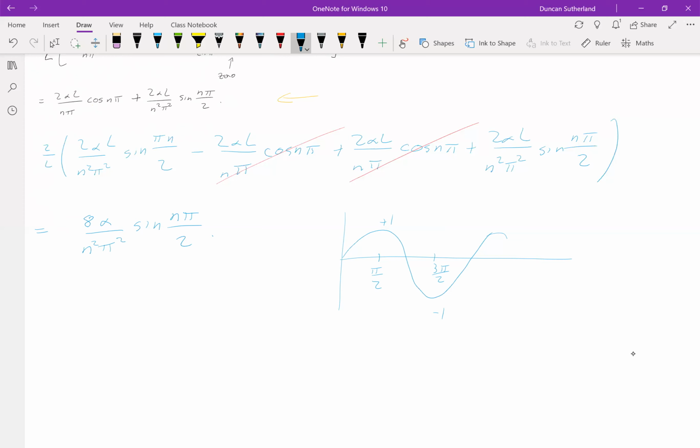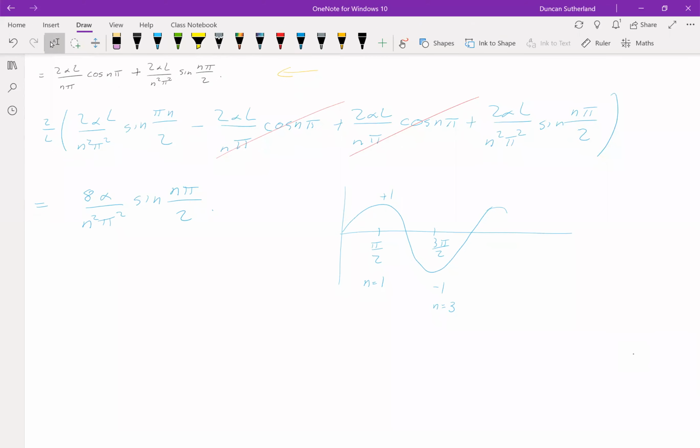So in this case, n is equal to 1, n equals 3. You could write that as a power of minus 1, but that's kind of tedious, and we'll just leave it at that.